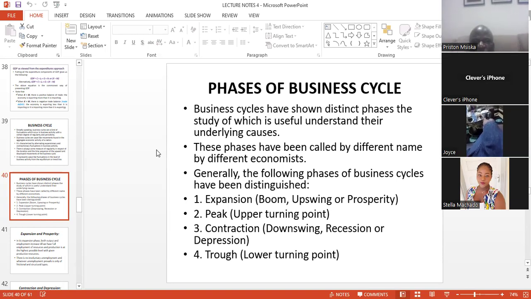So in general terms, business cycles can be distinguished in the following manner. Let's forget about the startup. Let's move on to expansion. And that expansion will relate to a boom as well. So when businesses are expanding, you also get a boom.